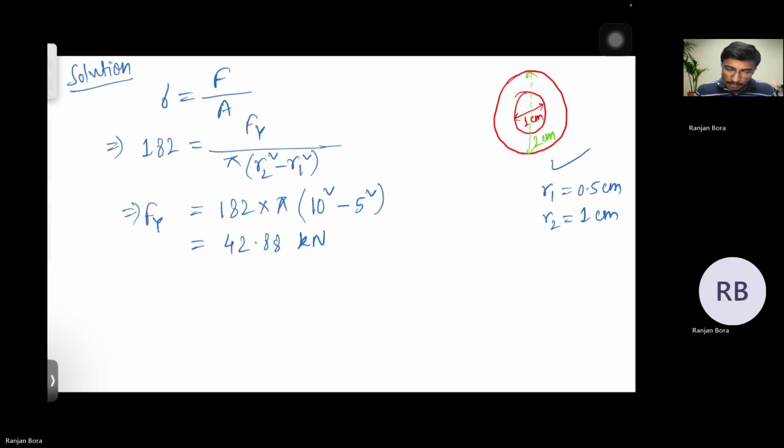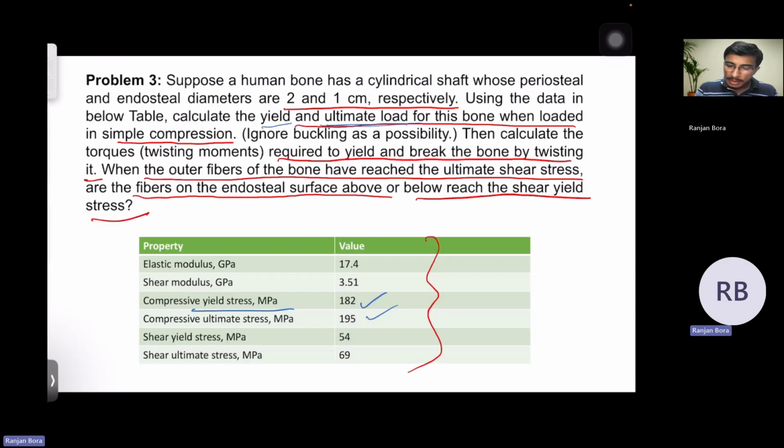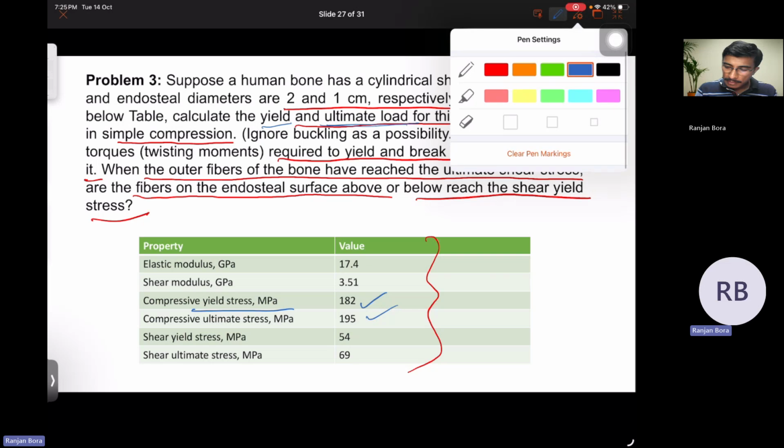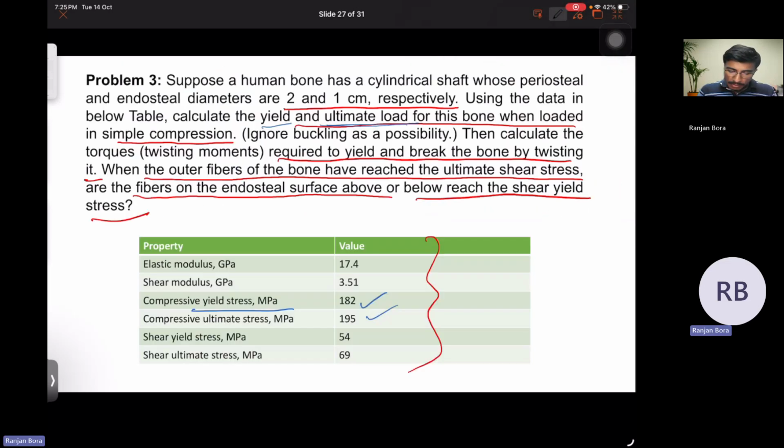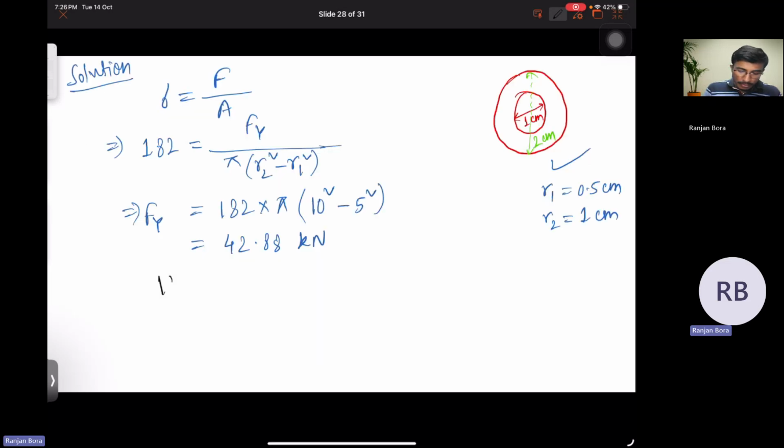Similarly, we'll now find the ultimate load. For the ultimate load, we'll use the ultimate stress, which is 195. So 195 equals Fu divided by pi (R2 square minus R1 square).